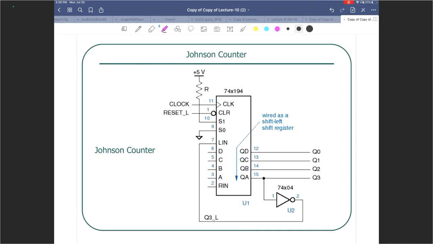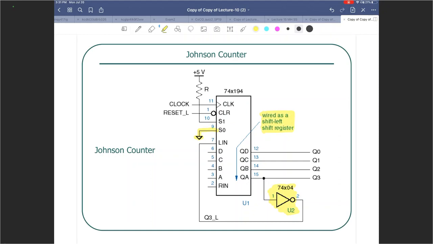The last counter in this lecture is the Johnson counter. So all we did was we added this. It is very similar to the ring counter with some adjustments. Over here we have hardwired S0 to 0, so we have made sure that it is always going to be in the shift left register mode as far as S0 is concerned.